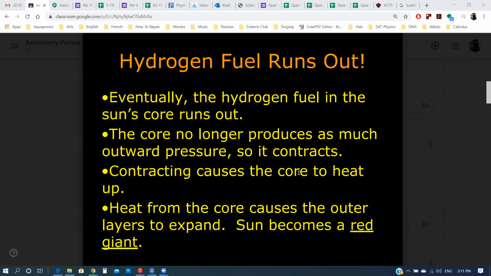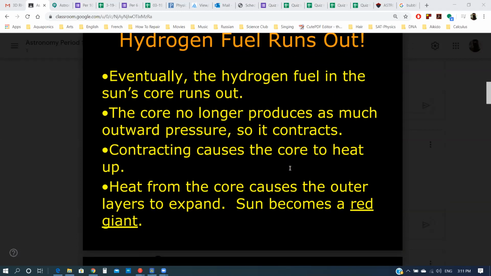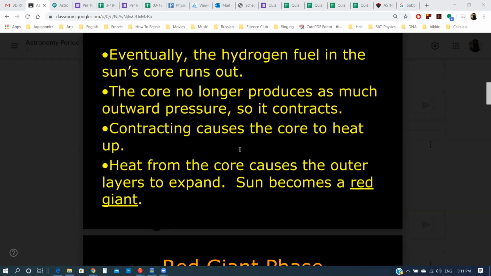And as they move away from the core, they cool down. So expansion of gas will cool it down. It's almost like gas laws, basically. When you expand the gas without providing it extra energy, it will cool down.